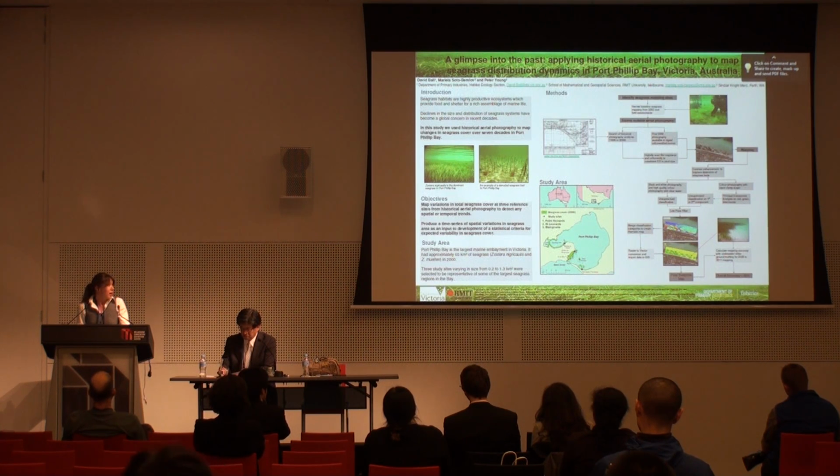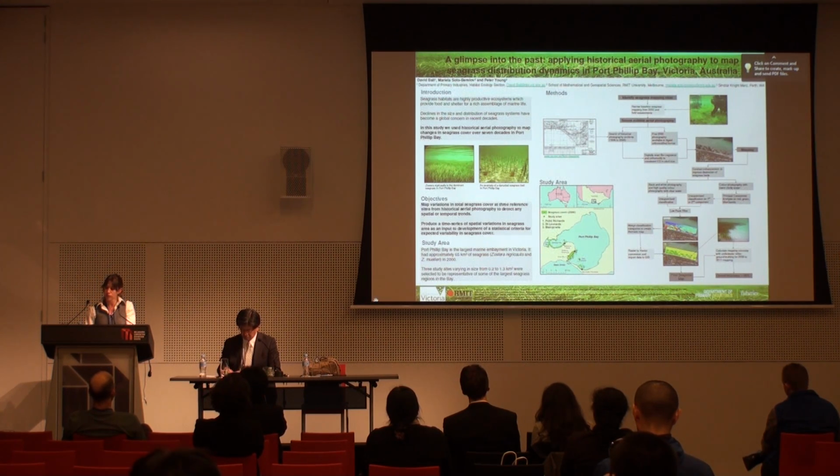We did an accuracy assessment on all the images that were post-2008 using underwater video footage, and we achieved an overall accuracy greater than 85%. So we were pretty happy with our results. And I'll just mention that our image database went from the late 1930s until 2011.